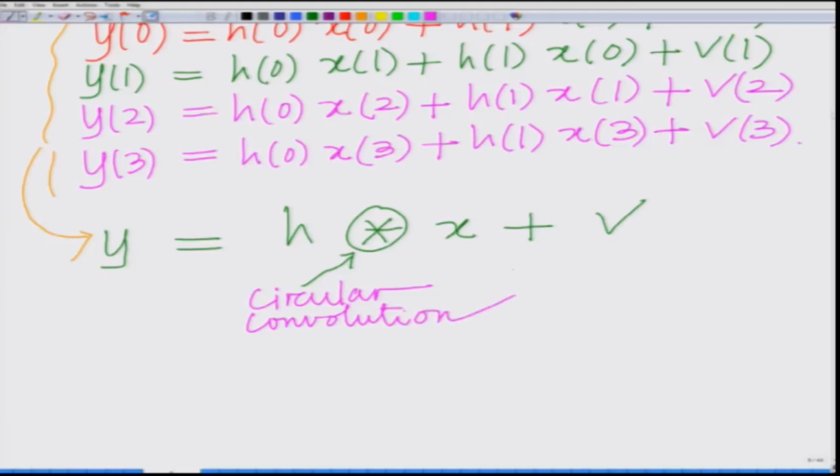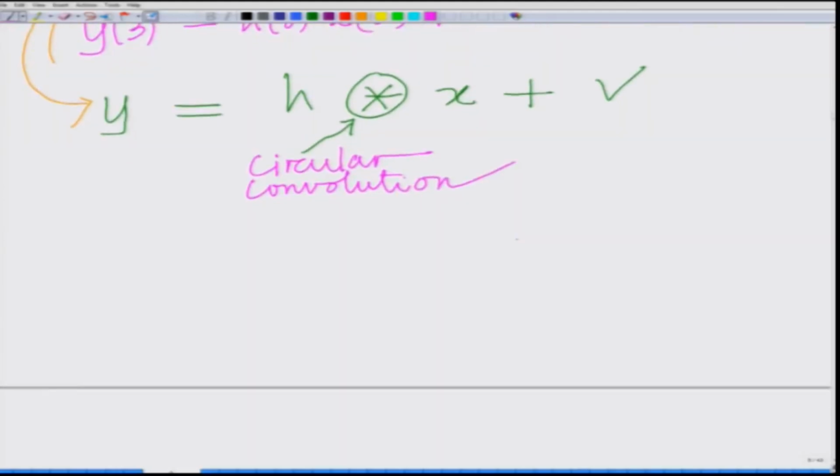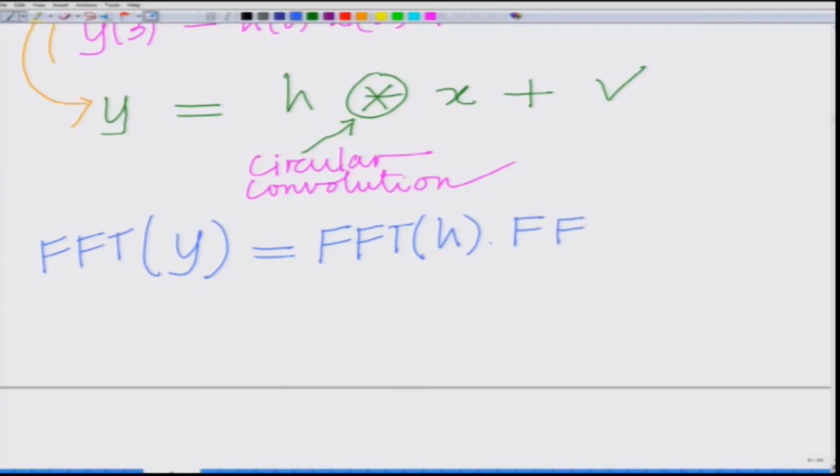So, this is basically nothing but circular convolution, and as a result now if you take the FFT, we know circular convolution in the time domain becomes multiplication in the frequency domain. Therefore, that is the FFT of h times the FFT of x plus the FFT of v, which is your noise.